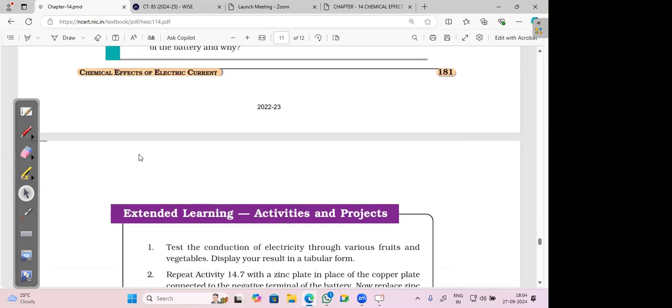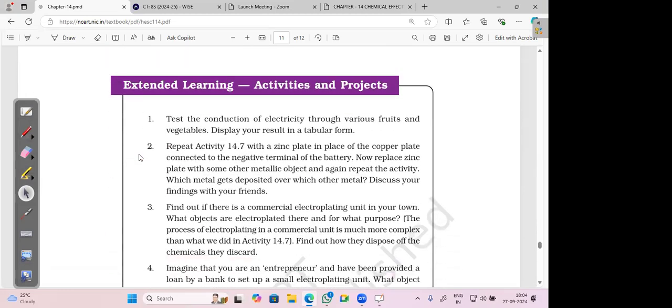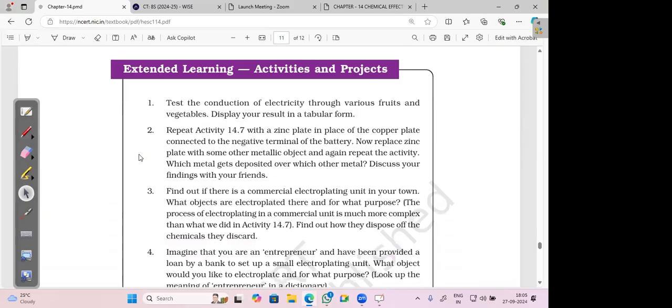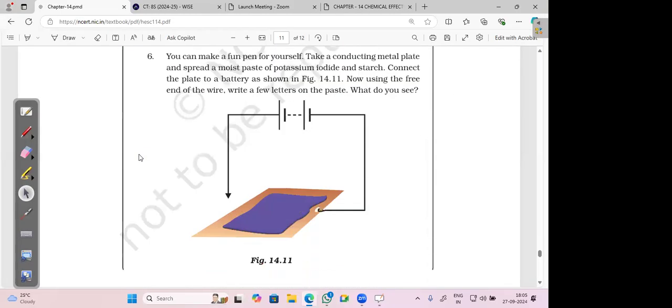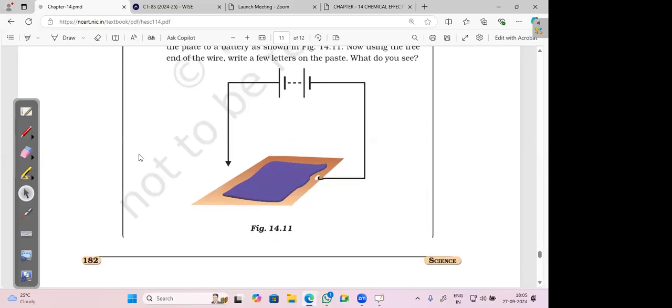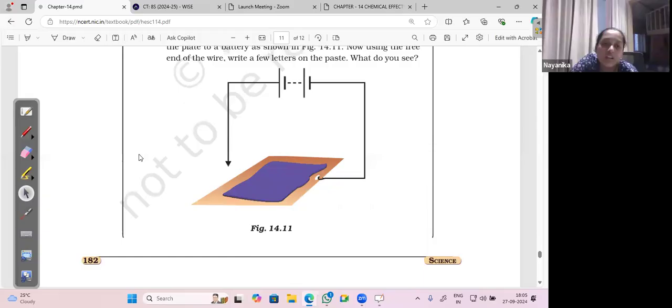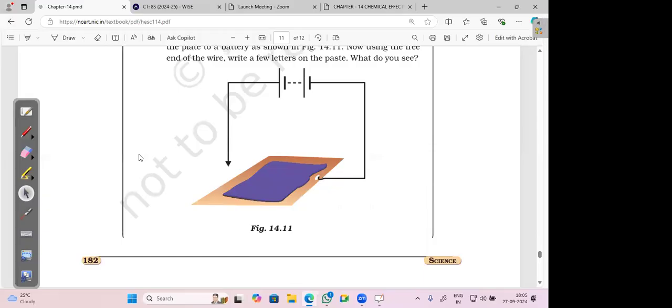You have copper plated vessels, silver jewelry, plated vessels, artificial jewelry. Sir, iron ore. No, not iron ore, iron ore is different. Sir, our cycles, the cycle ring. Okay, a cycle ring.